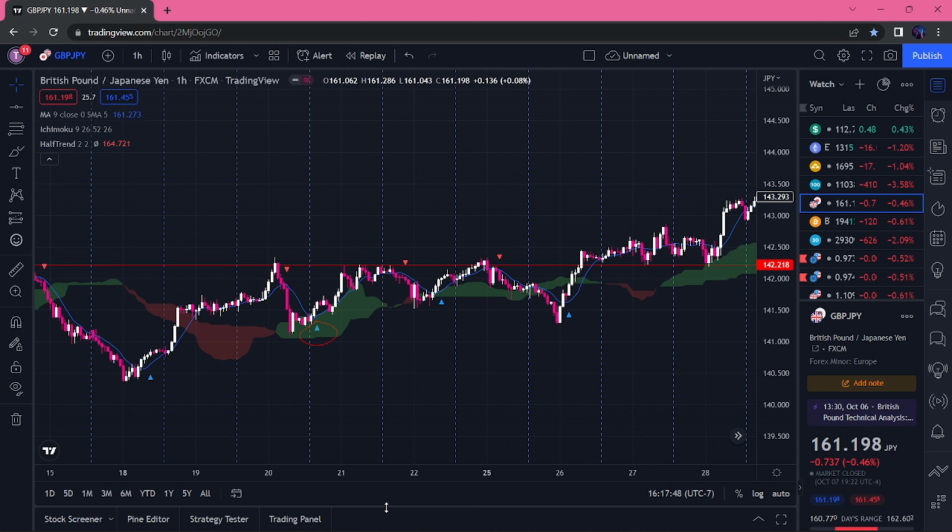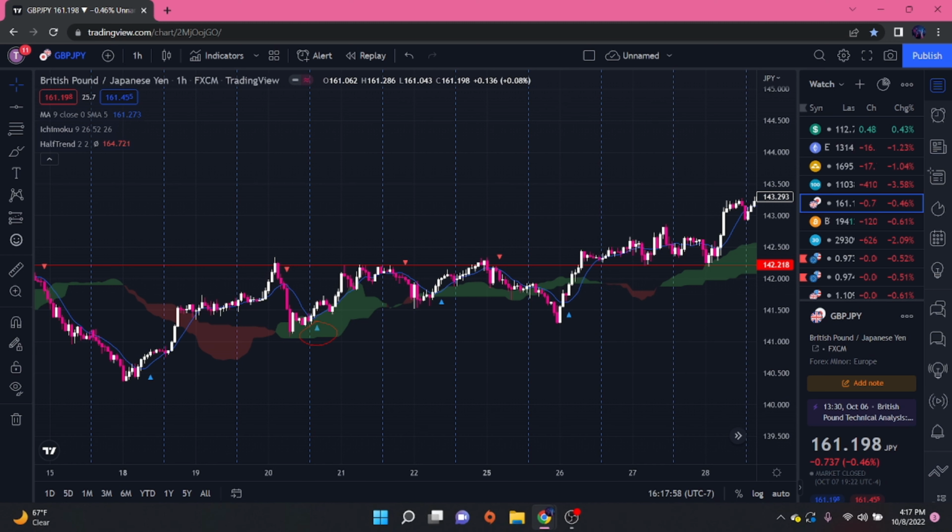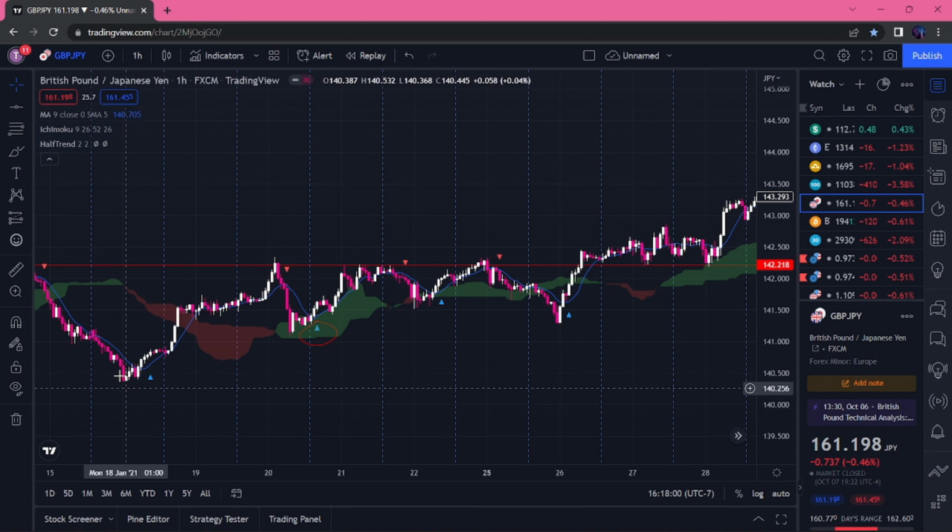But this is a number one indicator letting you know that maybe I should start looking to get out of this trade. But there's also other things that you have to look for, like, as you can see here, we're making higher lows, right?